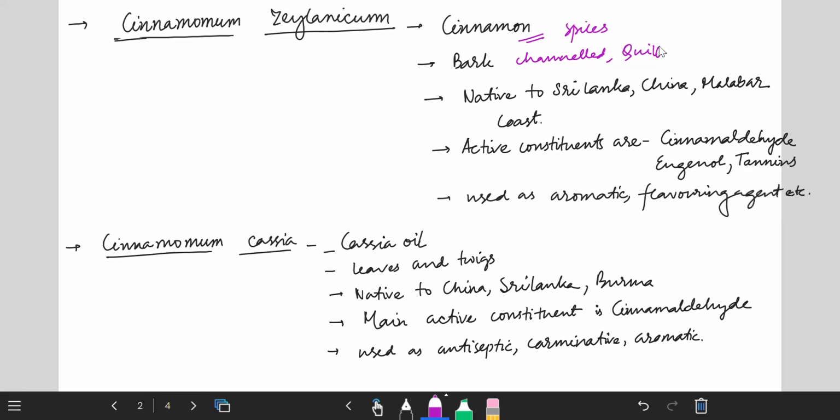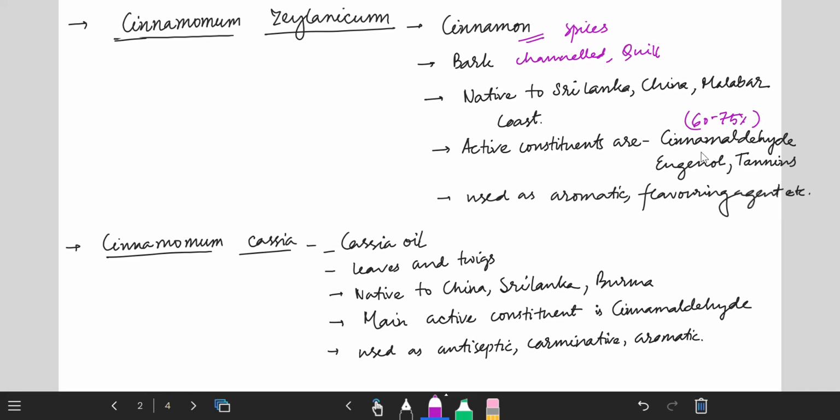The active constituents present are cinnamaldehyde, eugenol and tannins, and it is used as an aromatic flavoring agent and also as a carminative agent. We need to be clear that cinnamaldehyde is 60 to 75%. I am writing the percentage because it is the difference between all three species.